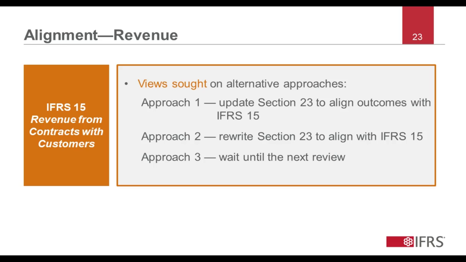So the board was very concerned about introducing transition provisions and the costs of alignment, and there not being significant benefits. So the board has decided to seek further information here.